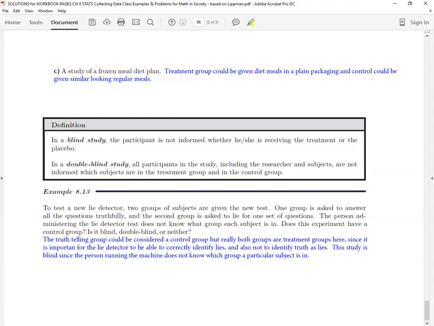You don't want a false positive. This is a blind study, since the person running the machine does not know which group a particular subject is in. But the people in the group do know, because they were told how to answer one way or another.